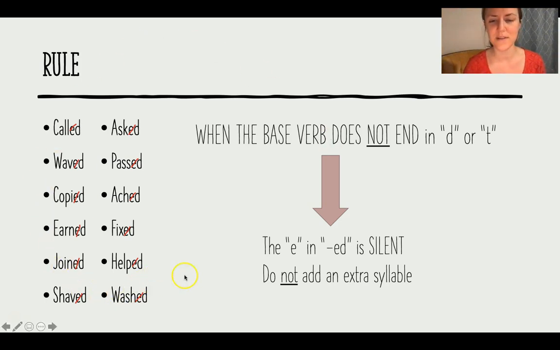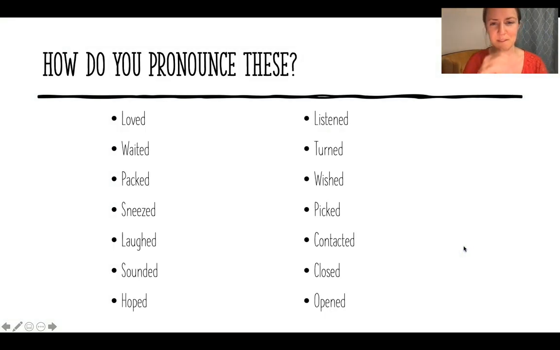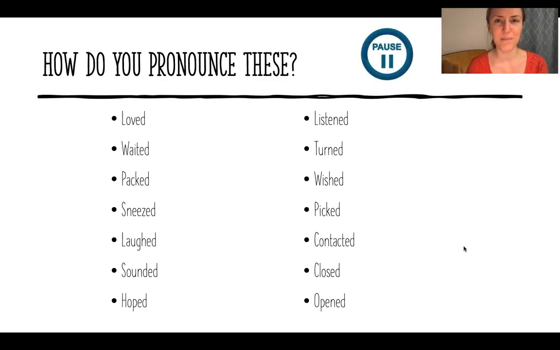All the other ones, that E is silent. So most past tense verbs do not pronounce that E. So let's take a little test. How do you pronounce these? Please pause the video now and try to pronounce these words correctly.